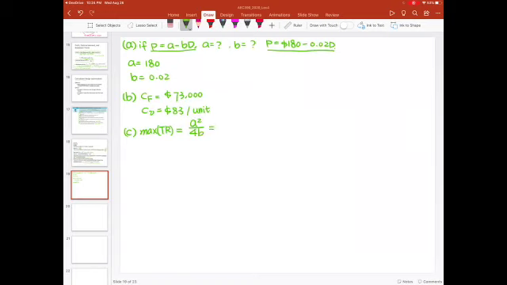A squared over 4B. What is A? A is 180 squared over 4 times B, 0.02. Do the calculation by yourselves, and then you can get the number. The value is 405,000. That's the maximum total revenue.